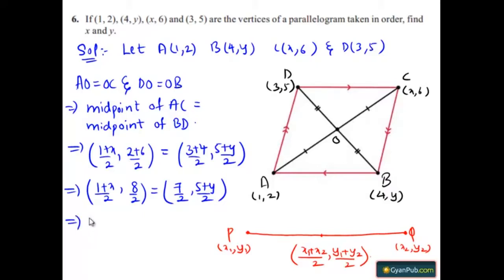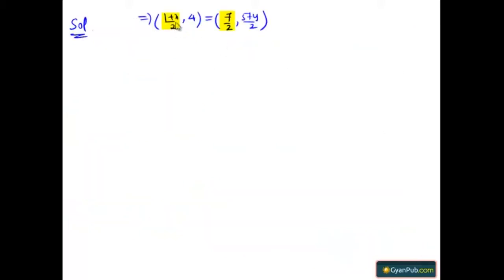This implies (1 plus x) divided by 2, and 2 goes in 8 4 times, so 4, equals 7 divided by 2, (5 plus y) divided by 2. So first equating the x terms, we get (1 plus x) divided by 2 equals 7 divided by 2, and now equating the y terms, we get 4 equals (5 plus y) divided by 2.